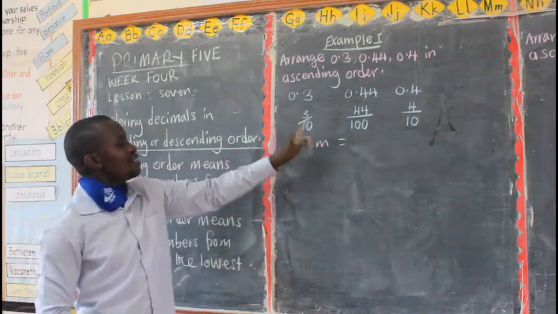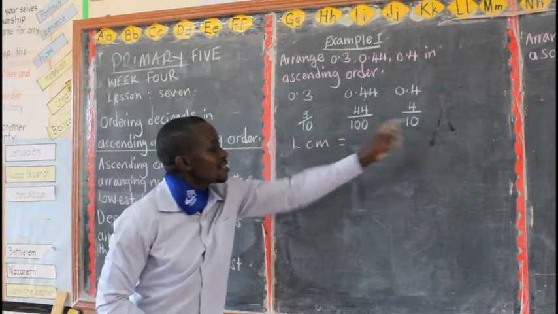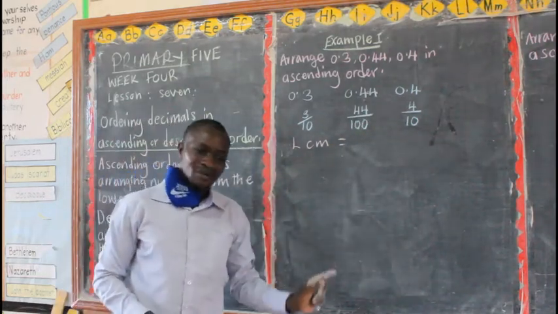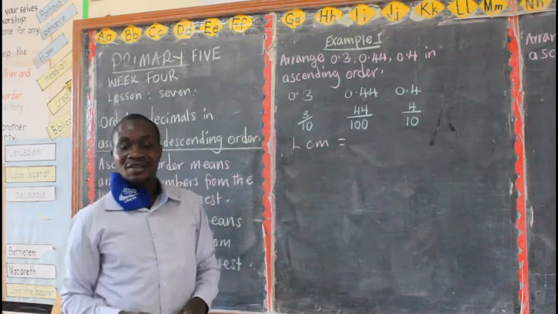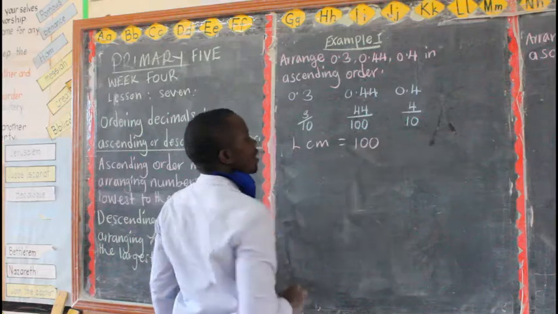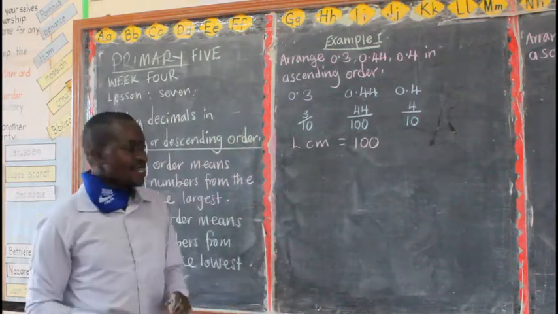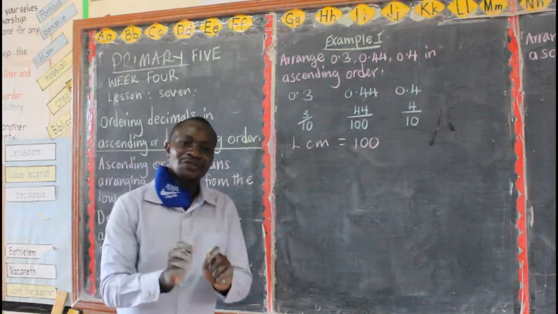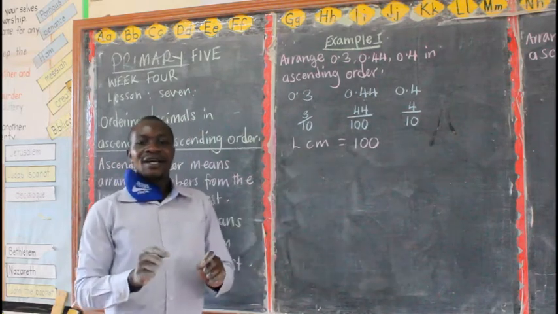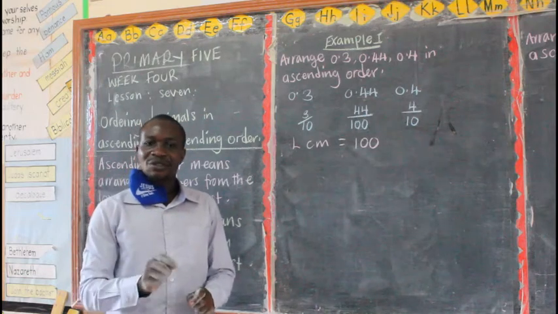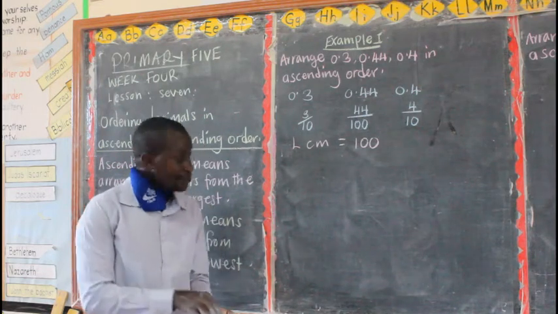So here they have 10, 100, and 10. Therefore, the largest here is 100, which we consider as our LCM. So here, LCM is 100. Now, after getting the LCM, we are going to multiply each common fraction by the LCM.